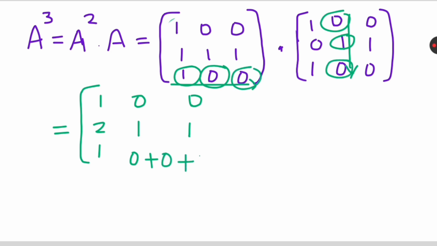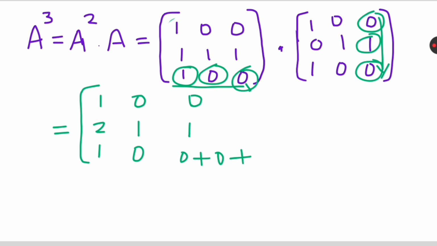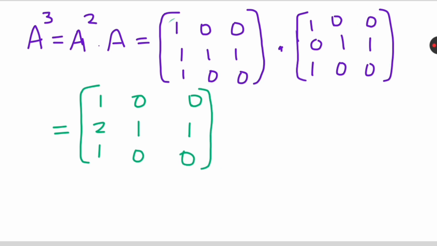So we are getting only 0 here. Now third row and the last column. Multiply 1 times 0 is 0, plus 0 times 1 is 0, plus 0 times 0 is 0. So what we are getting as A power 3? The first row is 1 0 0, and the second row is 2 1 1, and third row is 1 0 0. This is A power 3 matrix.